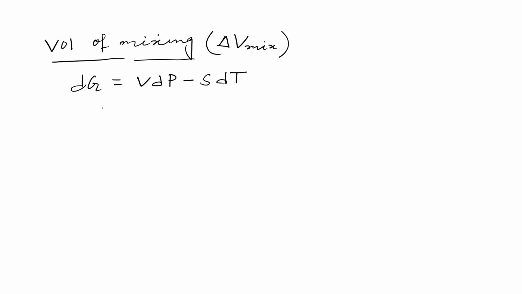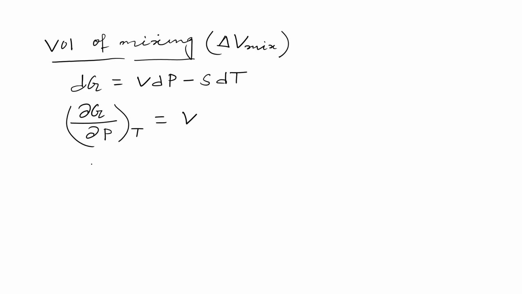Now, if you differentiate with respect to pressure at constant temperature, then this part will be 0, and it is V.